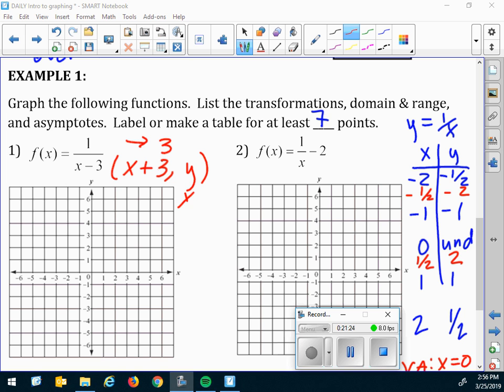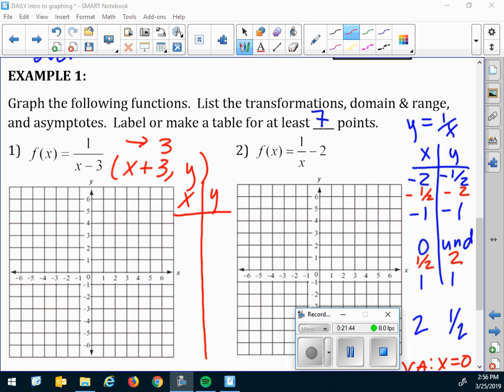X, Y. Do my x values change? They change by adding 3. Do my y values change? My y values do not change.